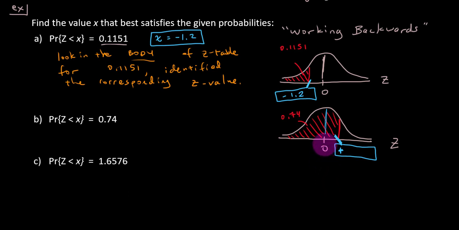Okay, but otherwise, we have the same process as what we did in part A. But instead of looking for 0.11, we're going to look for 0.74. Let's go take a gander.